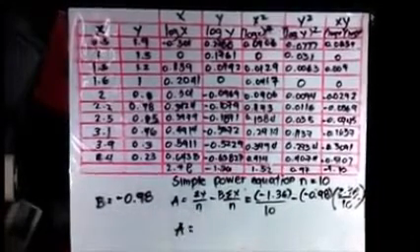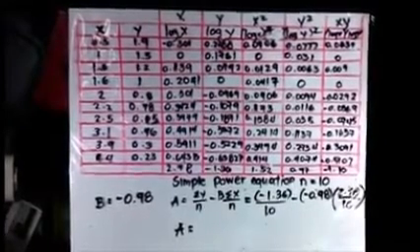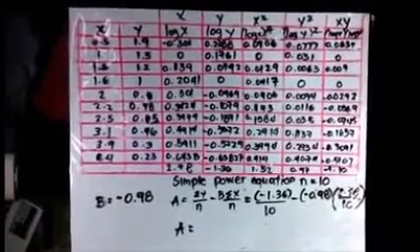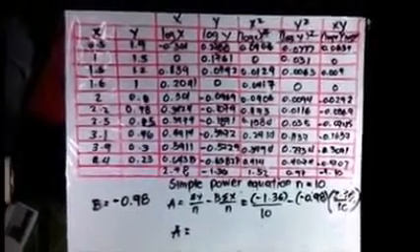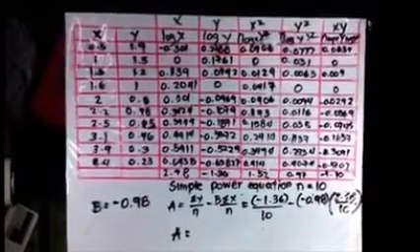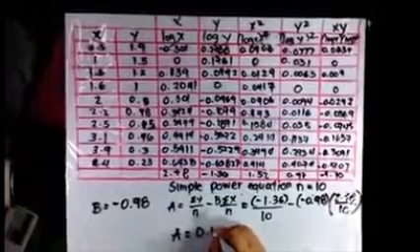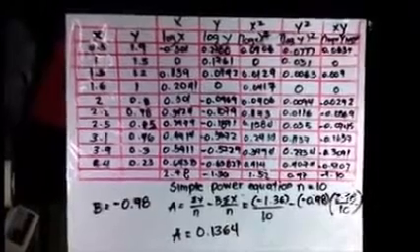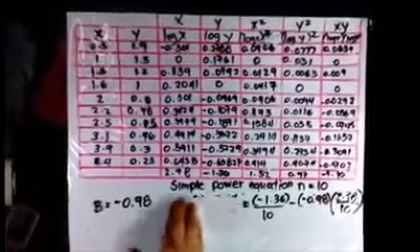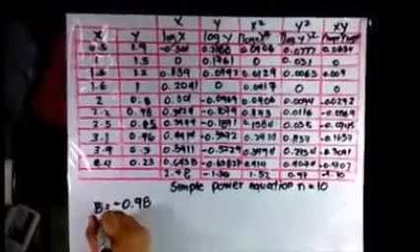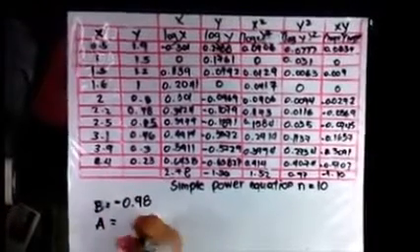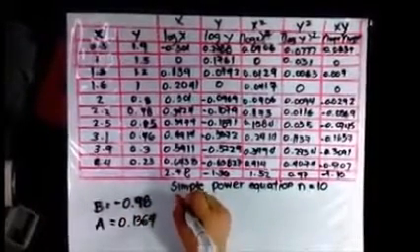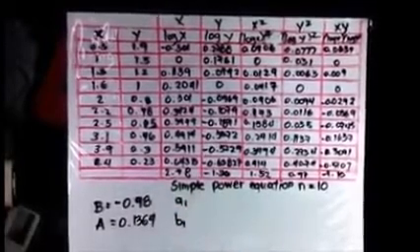So our A is equal to 0.1364. So we have the value of A.